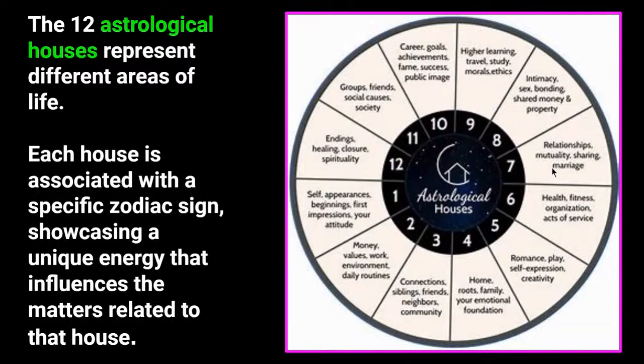House 7, relationships, mutuality, sharing, marriage. House 8, intimacy, sex, bonding, shared money, and property. House 9, higher learning, travel, study, morals, and ethics.